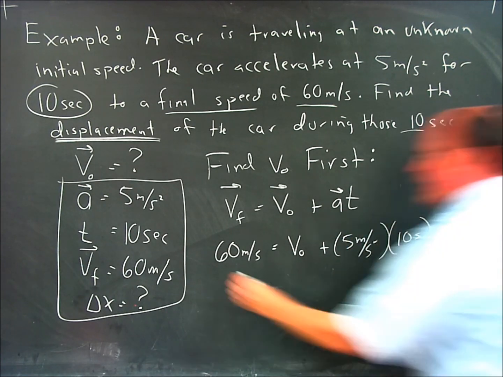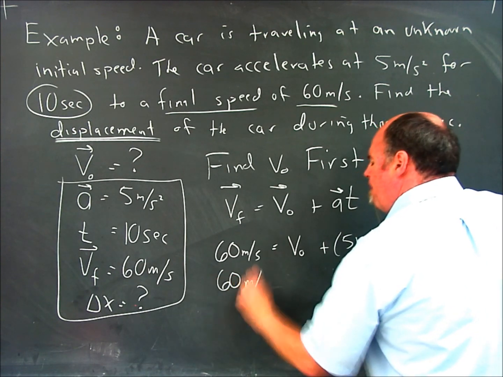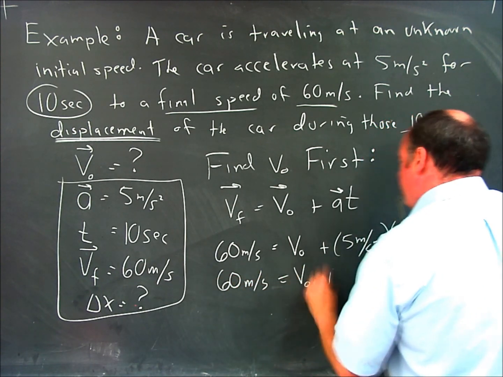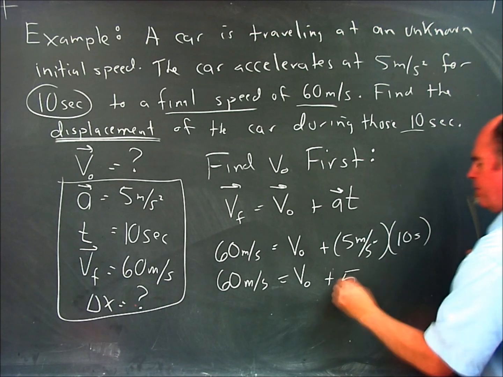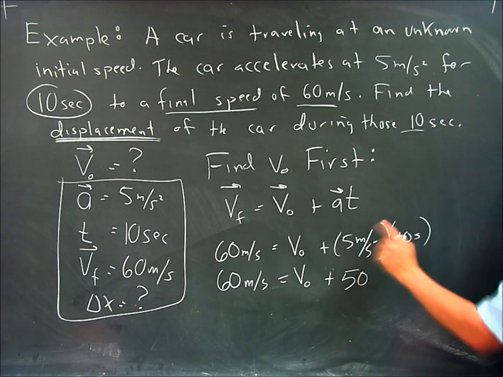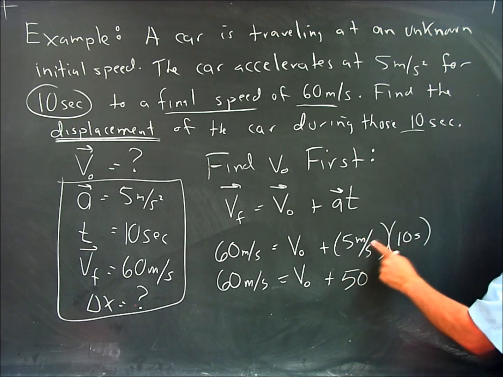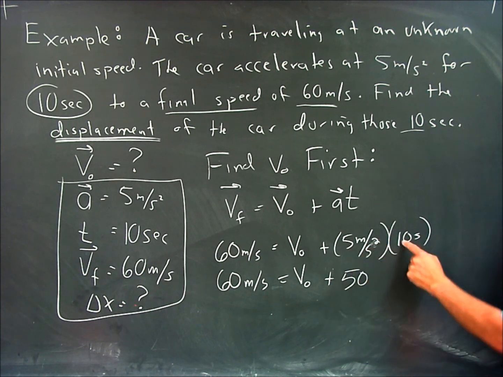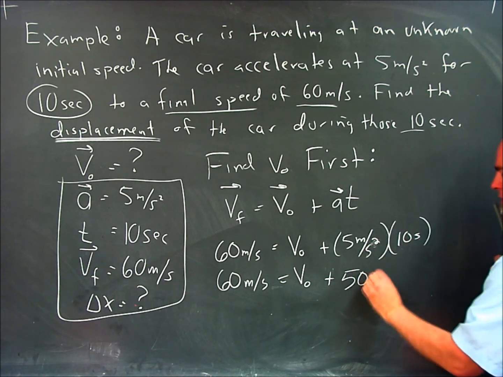So if I simplify, this becomes 60, this is V initial, and this becomes 50. Meters over seconds squared times seconds will be just meters over second.